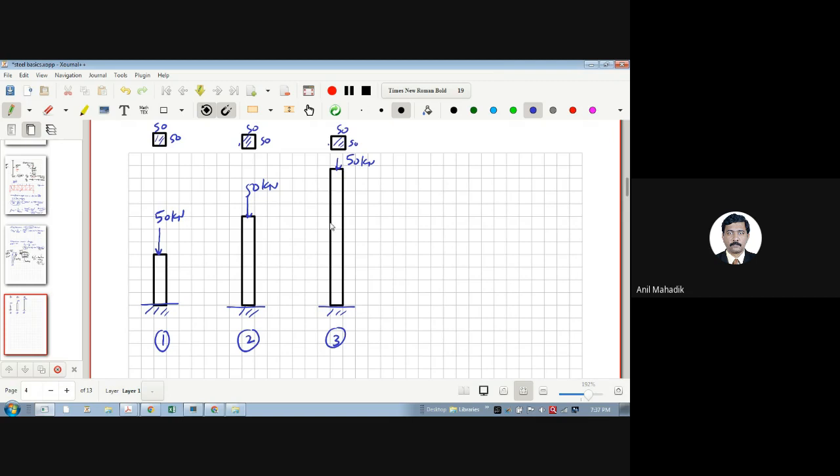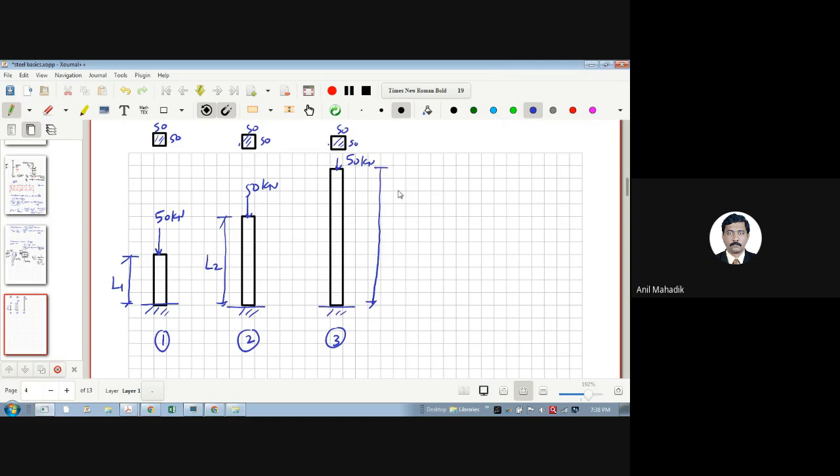As the third is very long, it will buckle earlier. That means we can say that buckling depends on length. So one of the important criteria is length. So L1, then this is L2, and this is our L3.